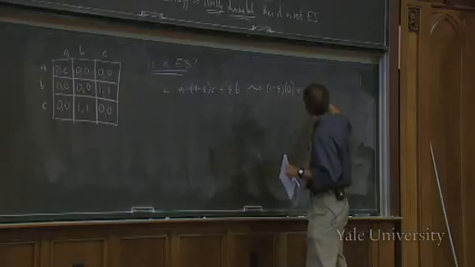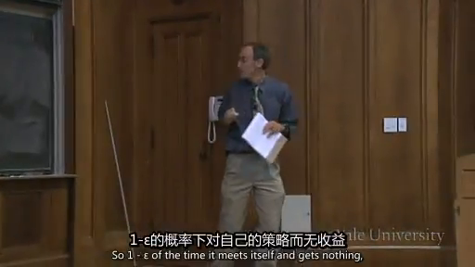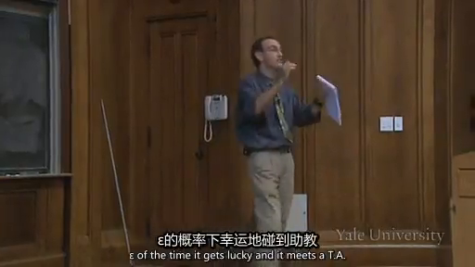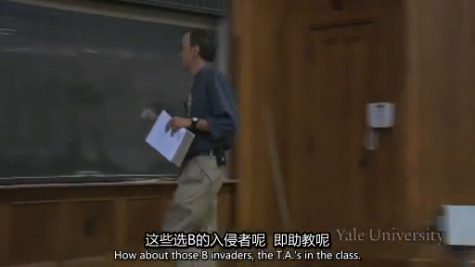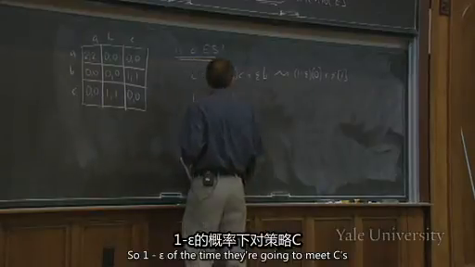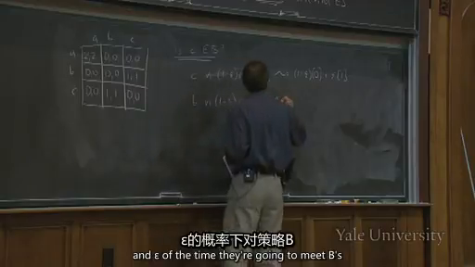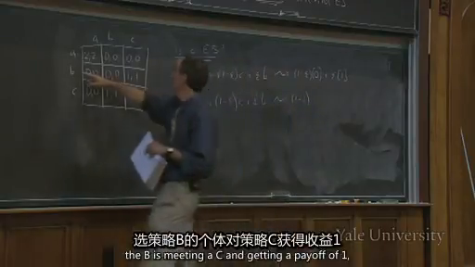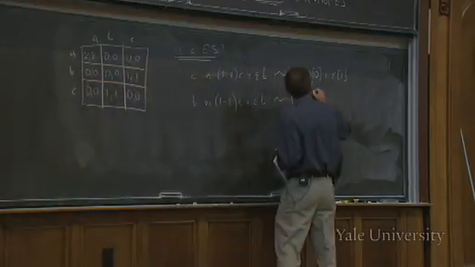All right, everyone agree with that? So 1 minus epsilon of the time it meets itself and gets nothing. Epsilon of the time it gets lucky and meets a TA and gets a payoff of 1. How about those B invaders, the TAs in the class? 1 minus epsilon of the time, they're going to meet C's, getting a payoff of 1.